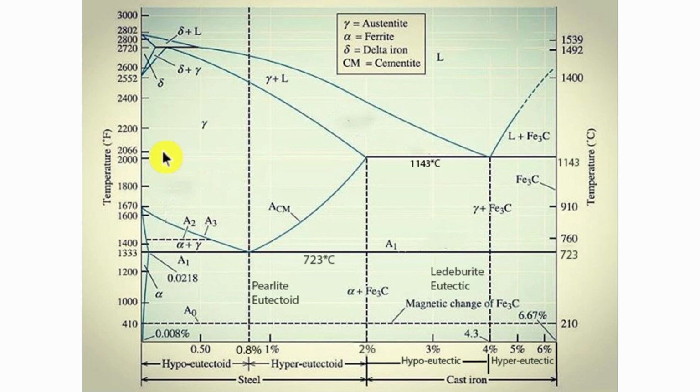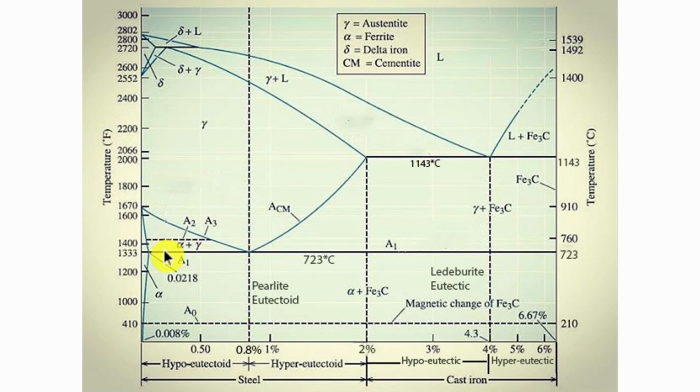Now austenite with 0.2% carbon, when it is cooled, will pass through this curve. This curve is called the A3 curve, which connects 910 degrees centigrade with A1 temperature. The moment austenite is cooled through this curve, it will form austenite and ferrite.